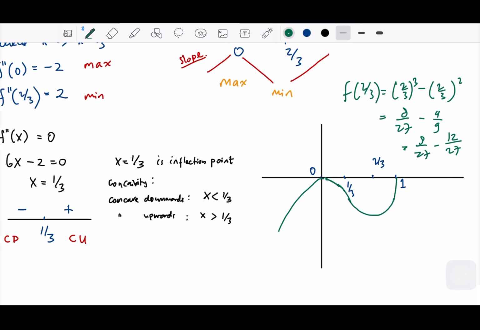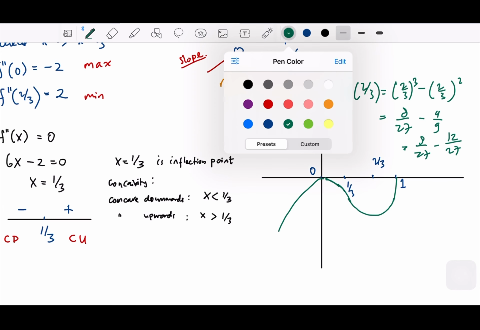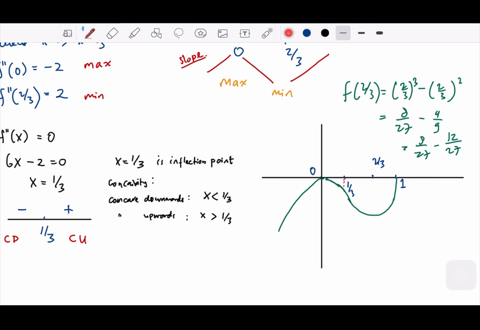It doesn't need to be perfect, like equally proportional with our calculation. That's still okay. As long as we mention which one is the increasing one, concave downwards, upwards, then I think it's okay. And then if we check each point here, this is the critical point.